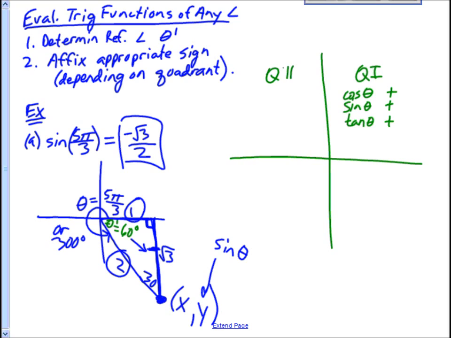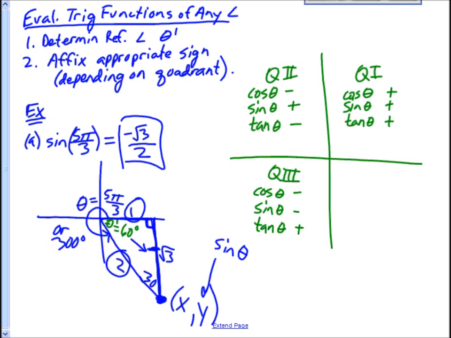Whereas in quadrant 2, your x value, your cosine, is now negative. Your sine, your y value, is still positive. But your tangent, your sine over cosine, you're going to have a positive over a negative is a negative. Quadrant 3, you got your cosine, that's negative. You got your sine, that's negative. Negative over a negative, sine over cosine is a positive.